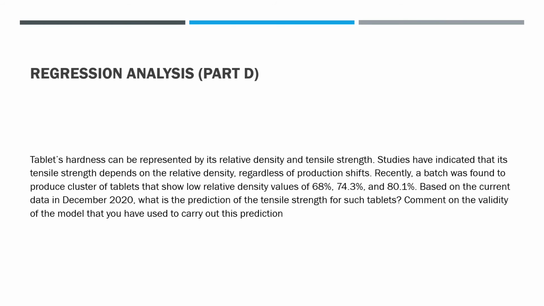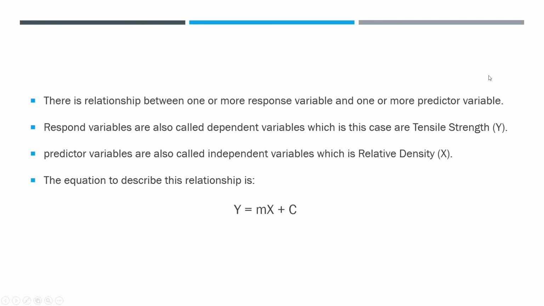So for this data, the prediction was made by the model of linear regression analysis. About this linear regression analysis, there is a relationship between one or more response variables and one or more predictor variables.